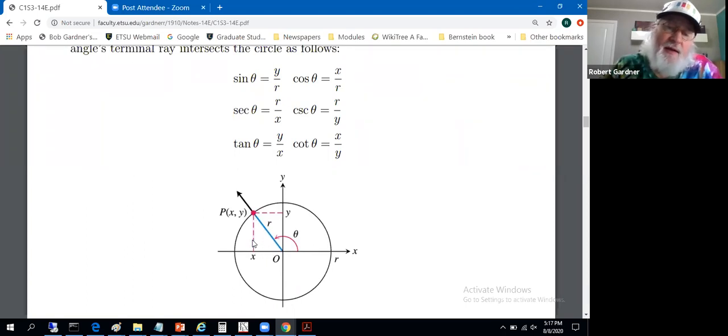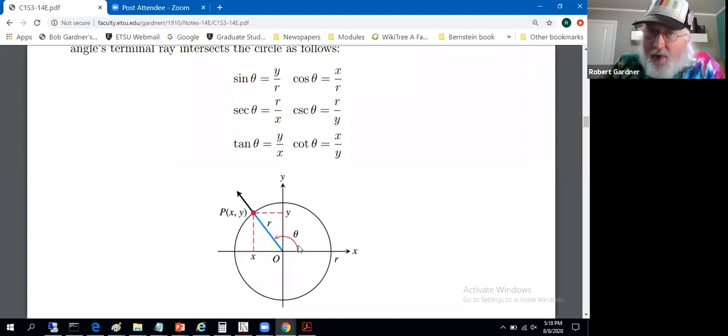Here's one side, and there's the other side. So there's a little right triangle, but that doesn't contain angle theta. Angle theta is too big to be in a right triangle. It's not an acute angle. It's an obtuse angle in this picture. So yeah, there's a right triangle involved in the conversation, but it's not a right triangle that contains theta. Theta's too big to be in a right triangle.